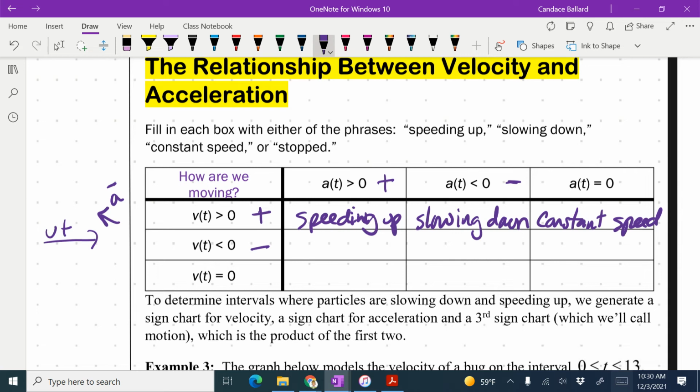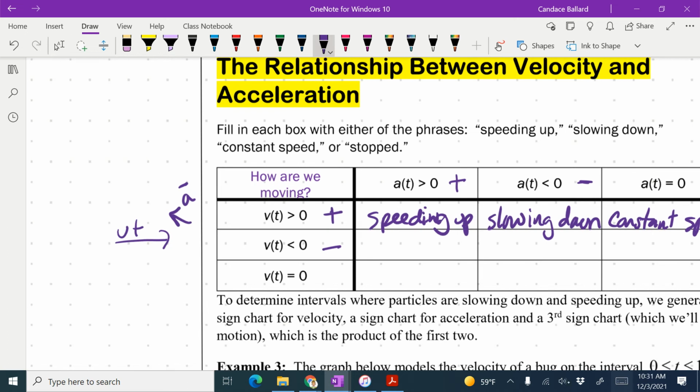All right, let's talk about the next row. So if my velocity is negative, meaning I am going in the negative direction, and my acceleration is positive, meaning the acceleration is going to come this direction at me. So again, if I'm walking to the left and then the wind is coming at me from the right, what's going to happen to my speed?